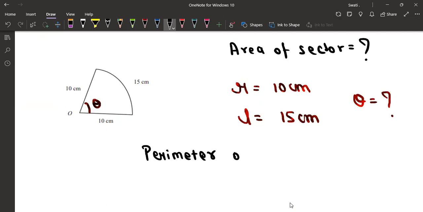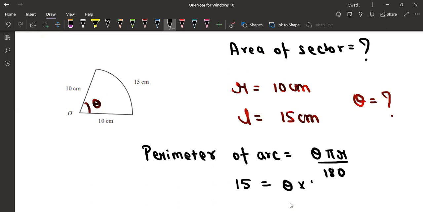So the perimeter of the arc, we know the formula. The perimeter of an arc formula is theta pi r over 180. The perimeter of the arc is given, 15. Theta we have to find out. Pi, let's write as 3.14. And radius is, of course, 10. And then this is 180.